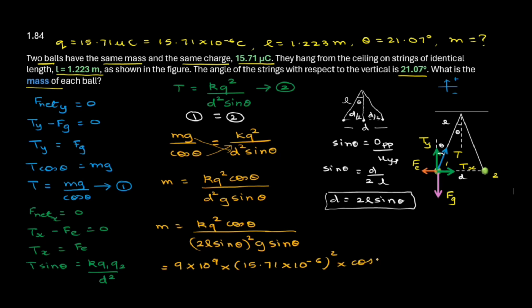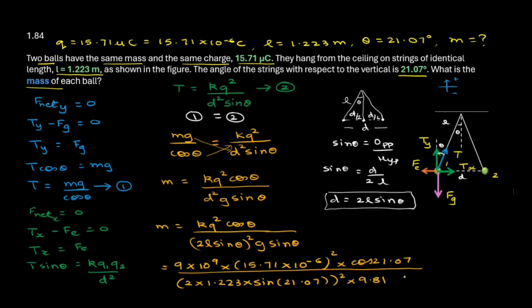Cosine of the angle 21.07 over 2 times L, which is 1.223, into sine of the angle theta, 21.07, and square of the whole term into g, which is 9.81, and again sine of the angle 21.07. When you solve this, you get the mass m equal to 0.76 kilogram.